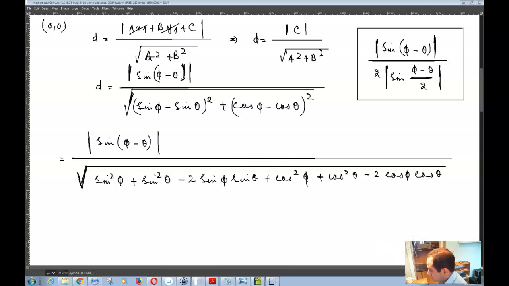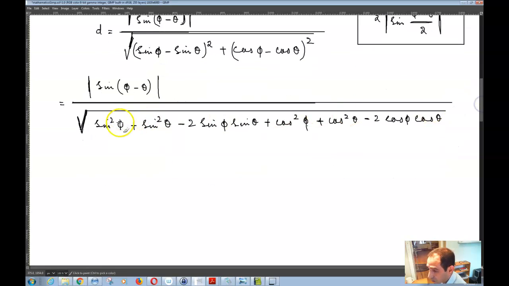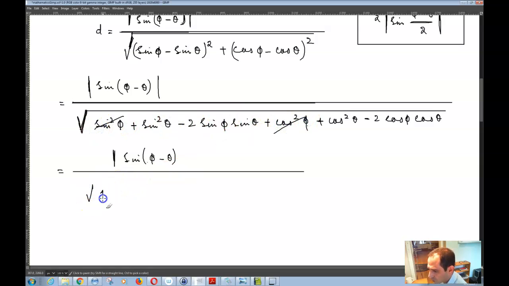So now you know that sine squared phi plus cos squared phi is equal to 1. So I can write this as the absolute value of sine of (phi minus theta) over the square root of 1, since sine squared phi plus cos squared phi is equal to 1.